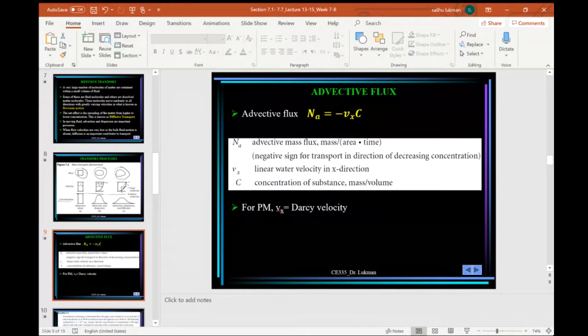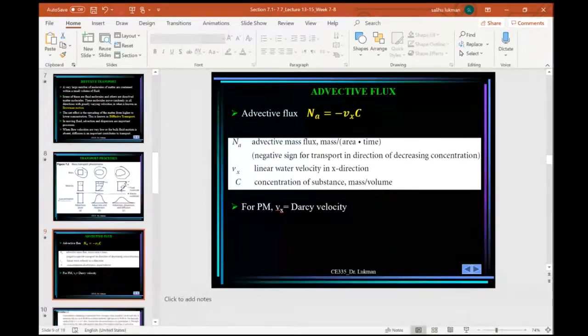As we have seen in fluid mechanics, you can consider one-dimensional flow or two-dimensional flow, but it is highest in the x direction; in other directions the component of the velocity is way lower. And for porous media, which is our own case, that is when we have groundwater, Vx is the Darcy velocity.